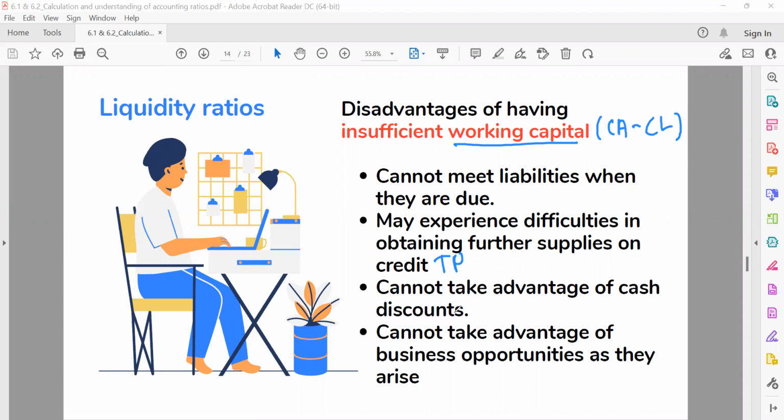Cannot take advantage of the cash discount, which is called discount received. Cannot take advantage of business opportunities as they arise. That means when you have a new business opportunity, you have no money to do the investment.